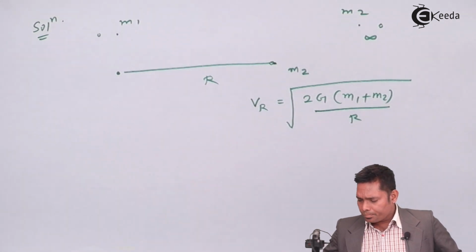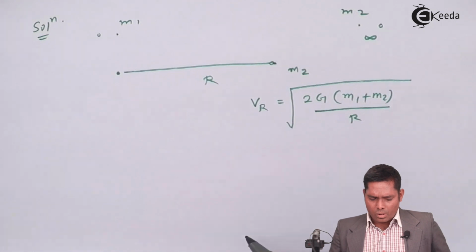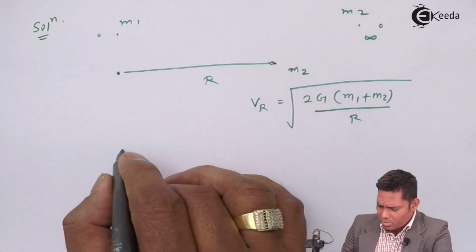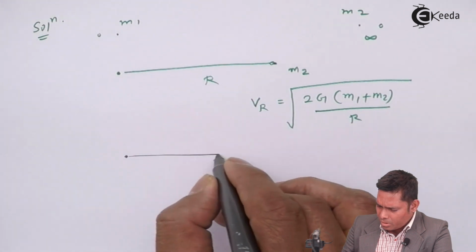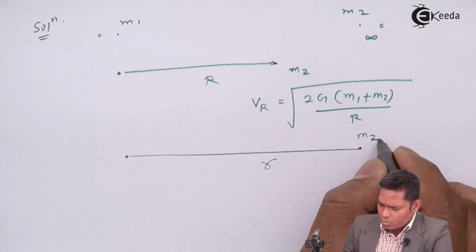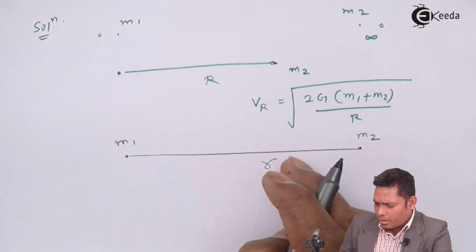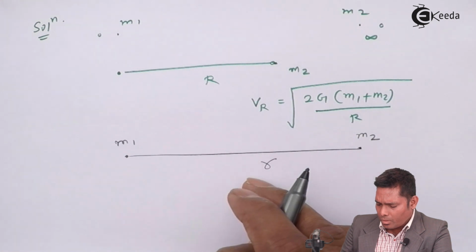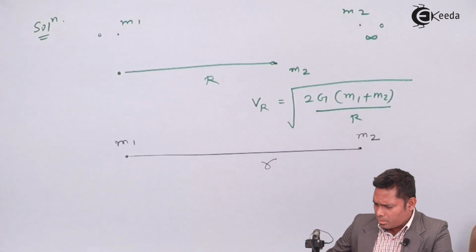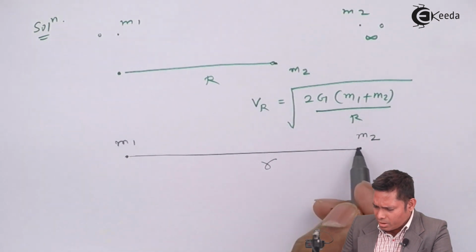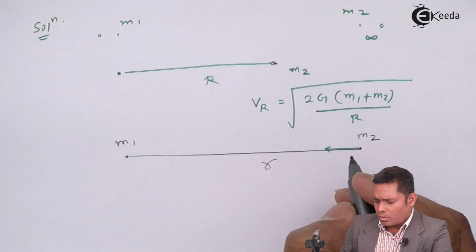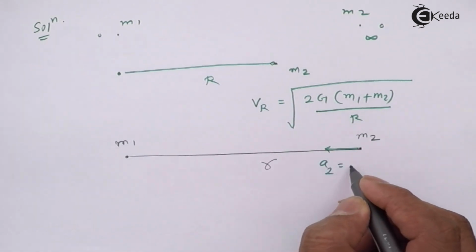This is what you have to show. Now to solve this question, let us say that at any arbitrary separation r between these two masses m2 and m1, the acceleration on this particle will be a2, which is negative because of this side.